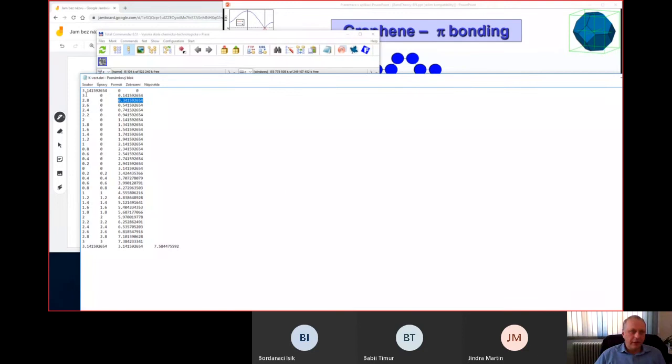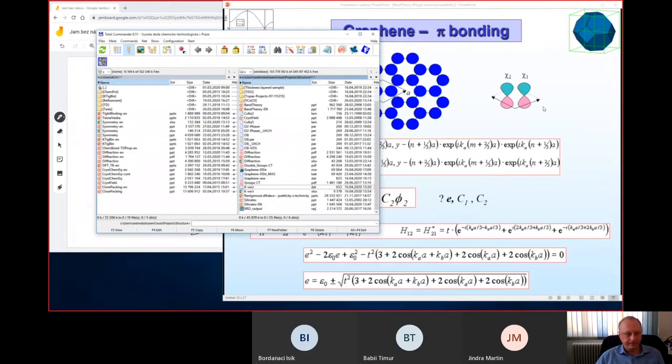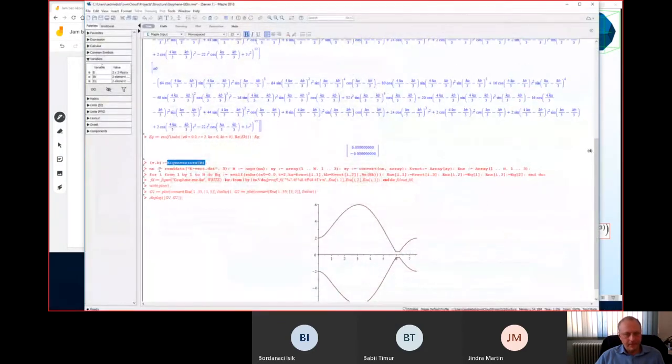But the program uses these two values, Ka and Kb, and it substitutes them into the eigenvalues which were calculated before. So for this set of points, we obtain the resulting energies, and this is done here. We read the data from the data file kvector.dat.